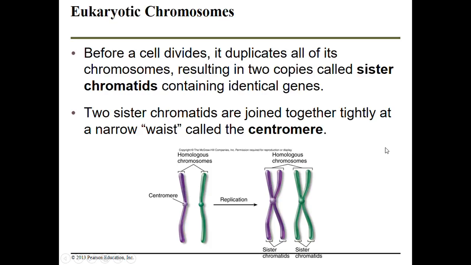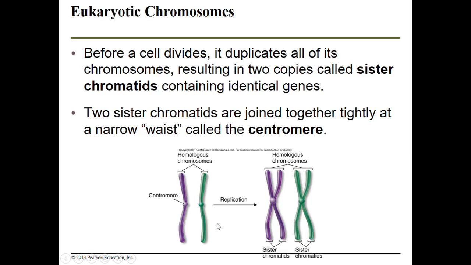Whenever we're making a new copy of DNA, we take each chromosome and we duplicate it. And once we do this, we get these things called sister chromatids that are exactly identical. So here's chromosome 1. There's mom's copy, dad's copy.